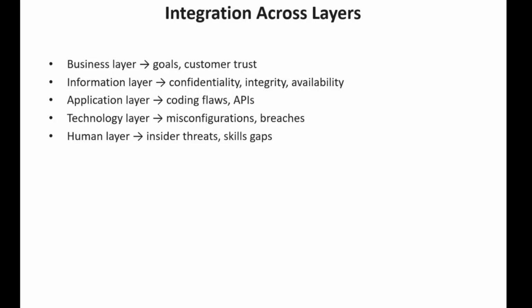At the technology layer, hardware failures, misconfigurations, and breaches are assessed. Finally, at the human layer, risks include insider threats, skills shortages, and cultural weaknesses. This layered approach ensures that risks are managed holistically and that no dimension of company activity is ignored.